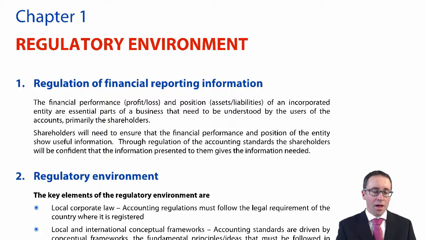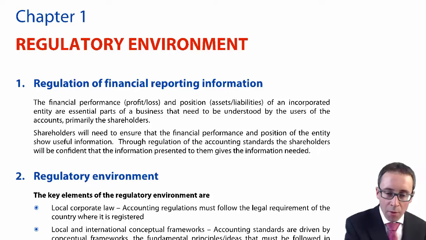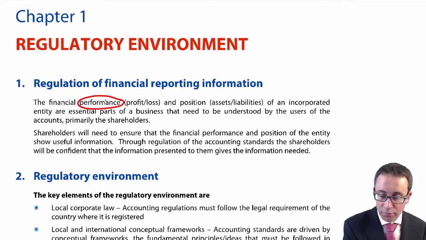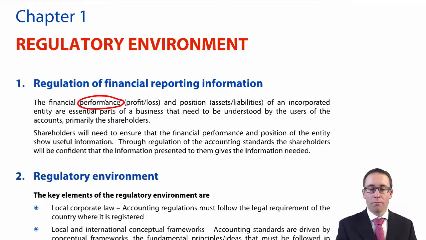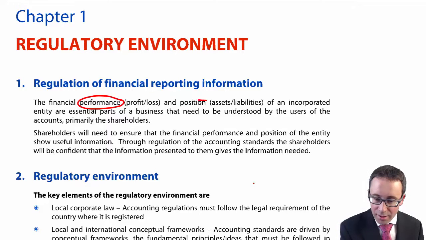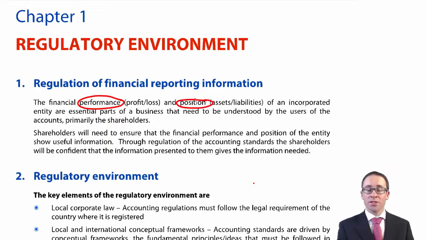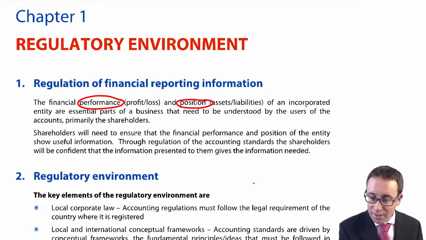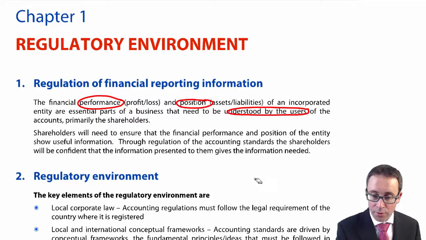So we're looking at the regulatory environment for financial reporting. We need to regulate that information. Why is that the case? We need to ensure that the financial performance in the statement of profit or loss, and the statement of financial position, can be understood by the users.